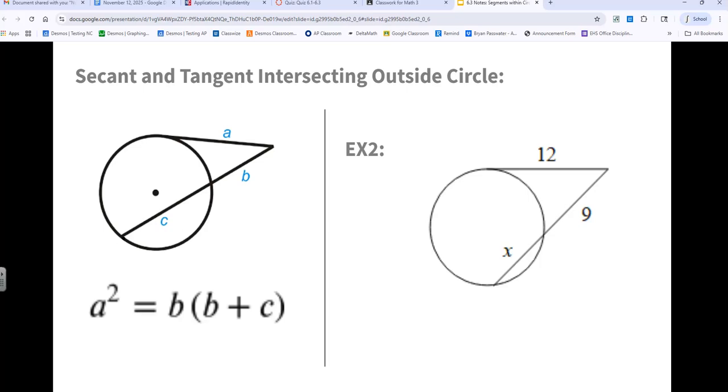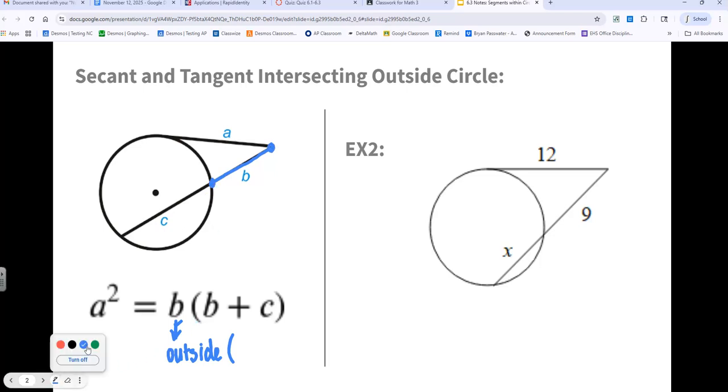Now, the way I like to think of this B times B plus C is that the B is the outside part of the line, right? It's this piece right here, the part that's outside of the circle.